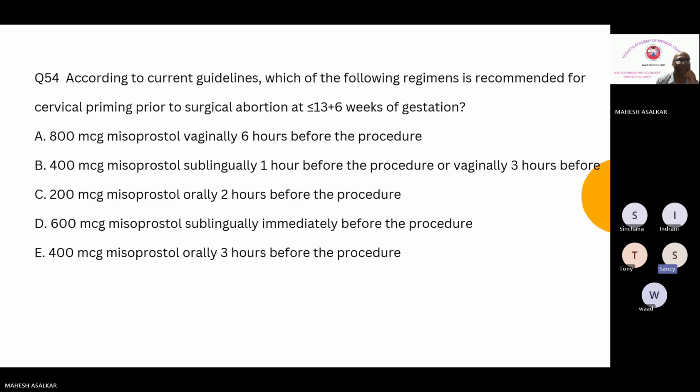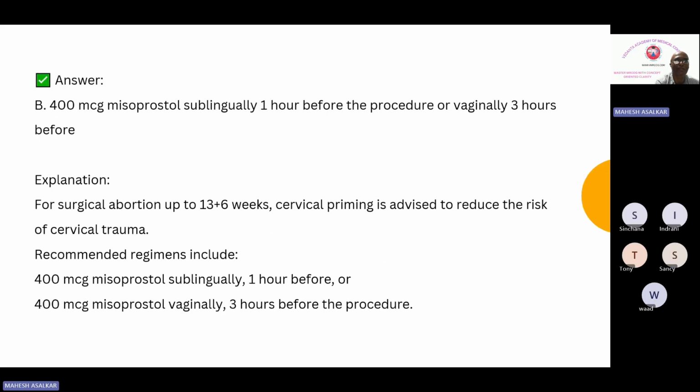Option B, 400 microgram misoprostol sublingually 1 hour before the procedure or vaginally 3 hours before. Correct.